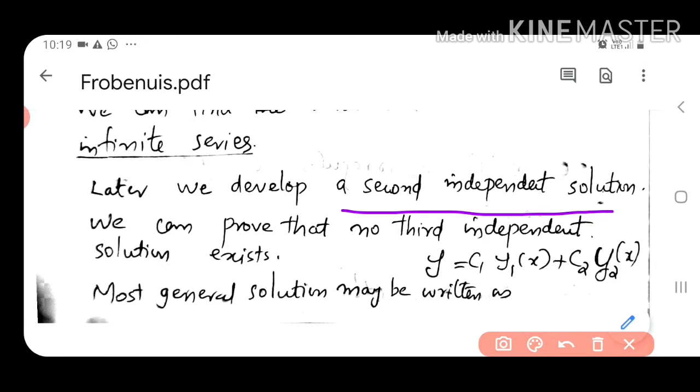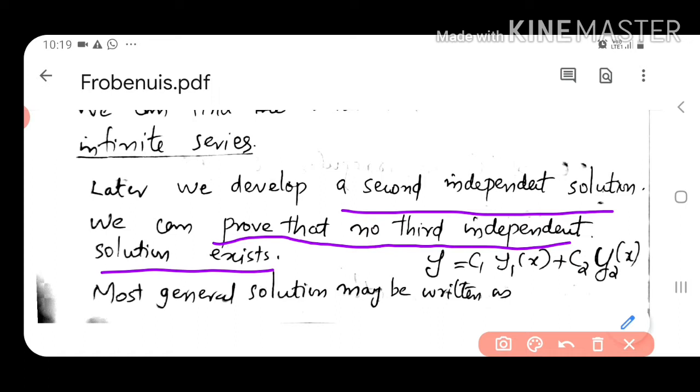Anyway, a second order homogeneous linear differential equation has two independent solutions, and we can prove that no third independent solution exists. So there are only two independent solutions.